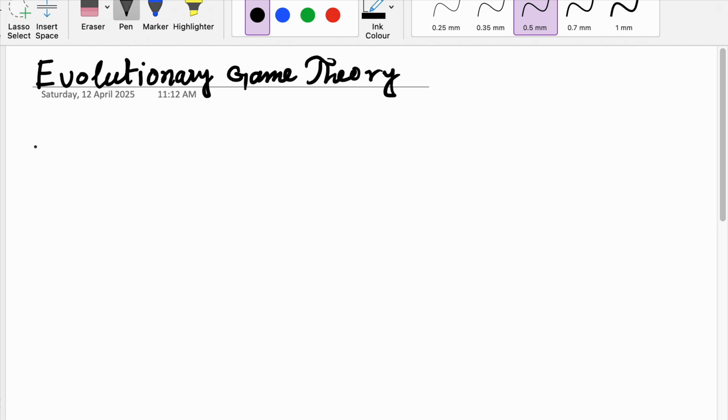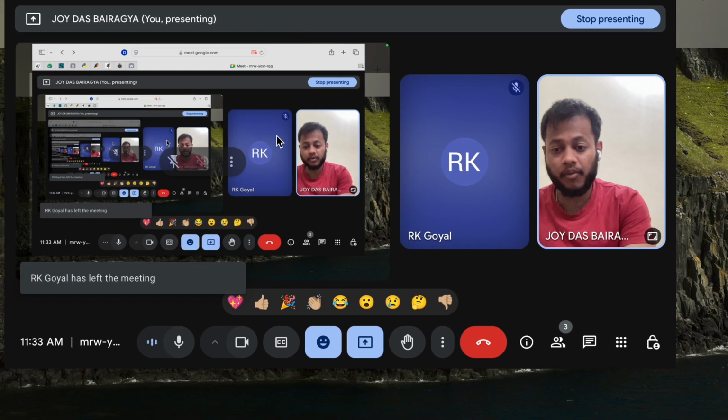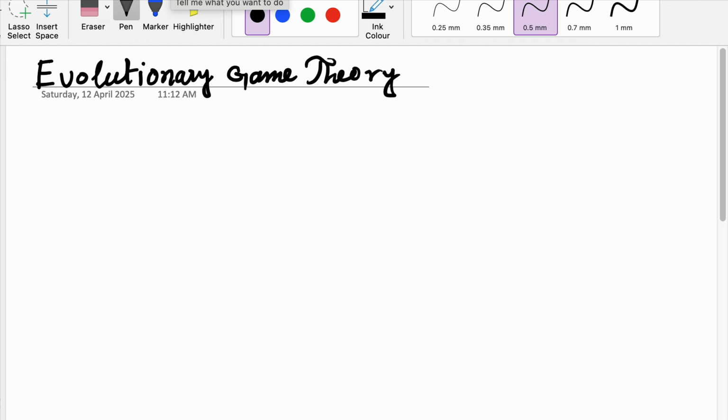These are the questions the biologists thought about and worked on. And we know that the first concept of evolutionary selection, evolutionary dynamics was given by Darwin, and it is captured in his book The Origin of Species.